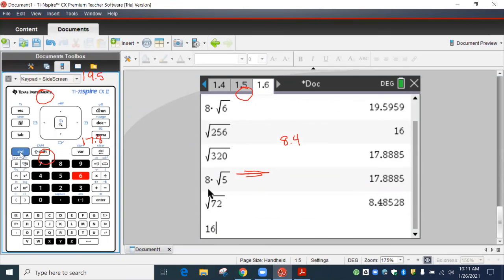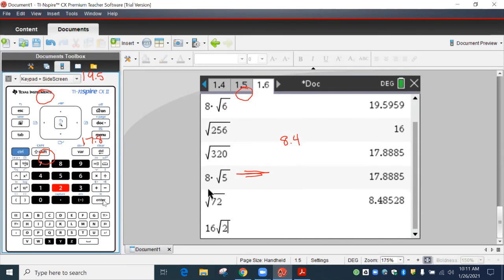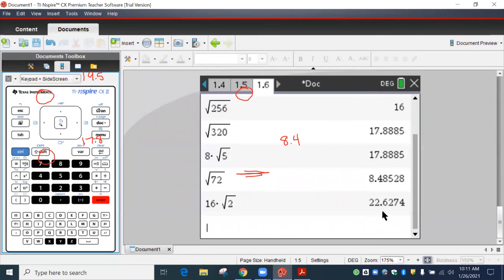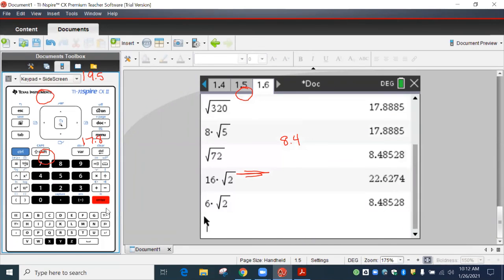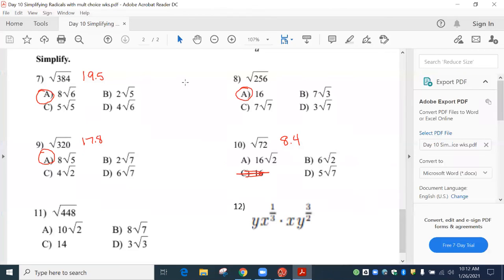Okay, that's not it. We're going to do 6 square root of 2. Oh, that's it right there. Exact 8.4. So answer is B.